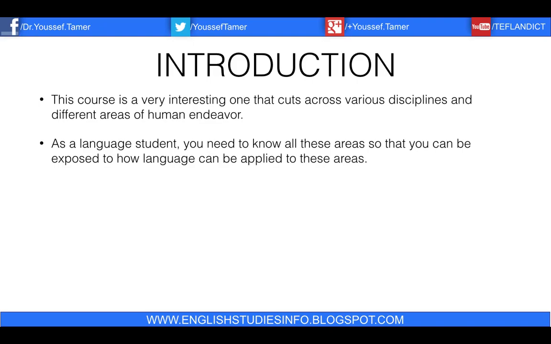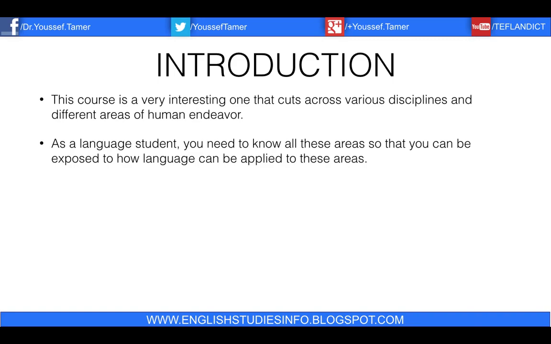How language is used, and that's where you have society, sociolinguistics, pragmatics, psycholinguistics. How language is learned: language learning theories, language acquisition, first, second, learning styles. And how language is taught.